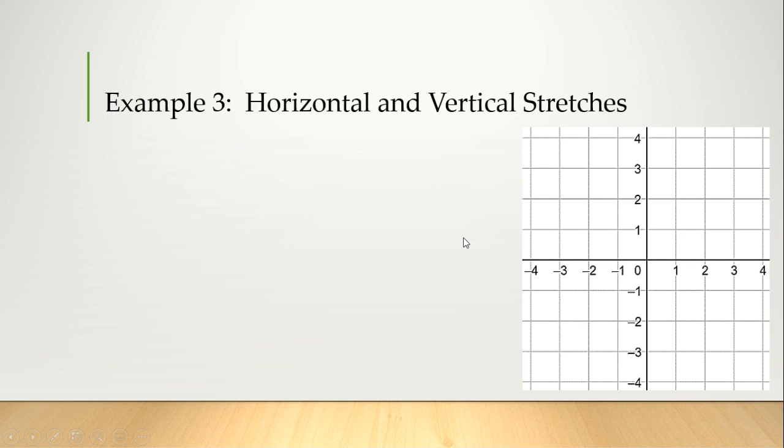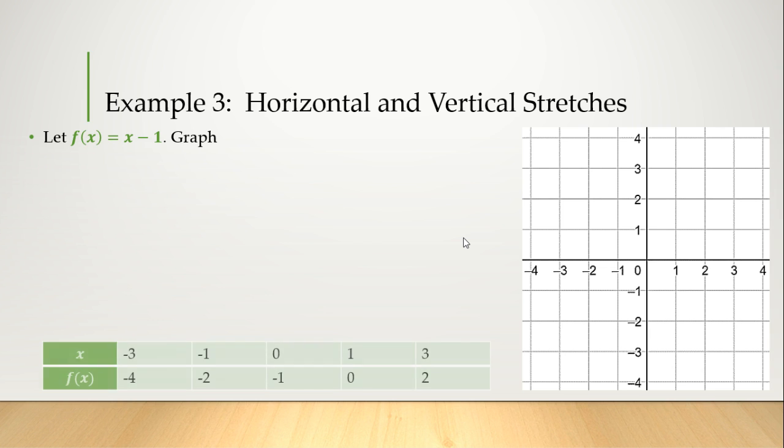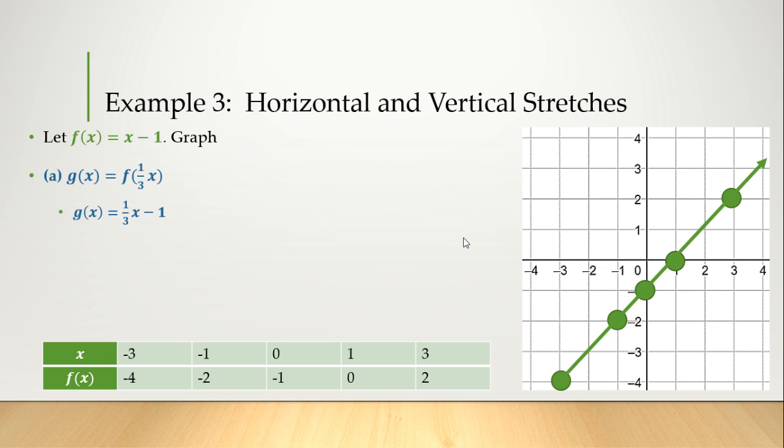Now, let's go ahead and look at an example. We've got f of x is equal to x minus 1, and we want to graph it. So, make our table from that function, graph the points. Now here's our first transformation. Notice this one has it on the inside.